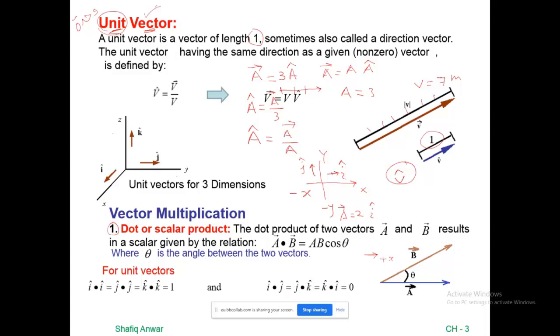What is the angle between the two? 0. Theta is 0. So if theta is 0, if you use the calculator, cosine of 0 will be equal to 1. So this is how we write it here. So i dot i is equal to j dot j, because theta is 0, so cosine 0 is 1, so all are equal to 1.